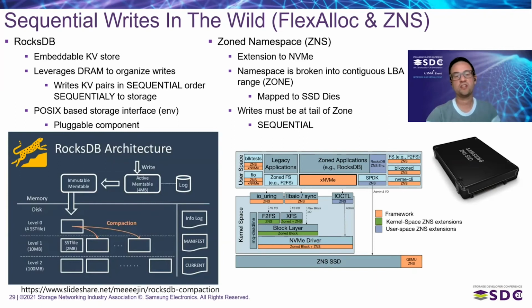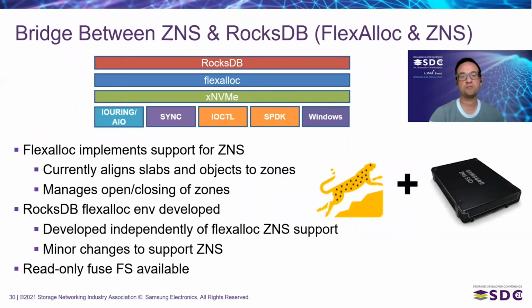One thing I'd like to draw attention to from this figure of the ZNS SSD is that in order to support it in, say, a modern OS like Linux, there is a lot of work that needs to be done to update applications, file systems, and device drivers. These are all different pieces that have to be changed in order to support ZNS SSDs. Another way of going about this problem is to use raw block device access, and that's where FlexAlloc comes into play.